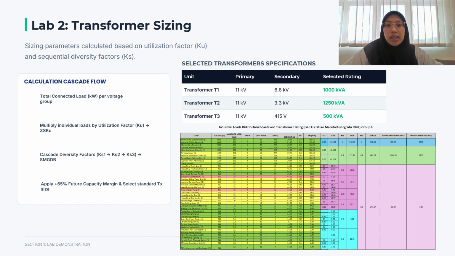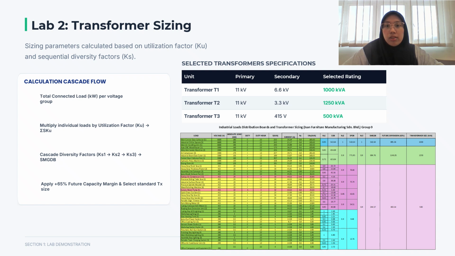Let me explain the transformer sizing process in Lab 2. We started with 41 loads classified by voltage level and duty cycle. The calculation followed a step-by-step process using utilization factors and diversity factors. First, we applied the utilization factors to each load. This accounts for the fact that not all equipment operates at full capacity at the same time.